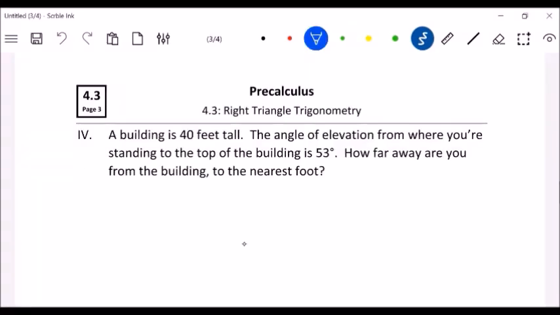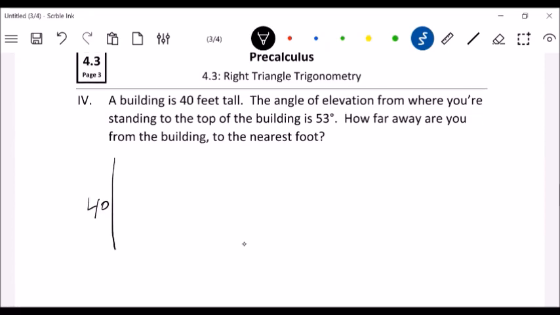Now, this type of problem shows a different way to work out the equation. So let's take a look at what this will be. So we have a 40-foot building, and then we'll make a normal triangle with a right angle here. The angle of elevation from where you're standing up to the top is 53 degrees.